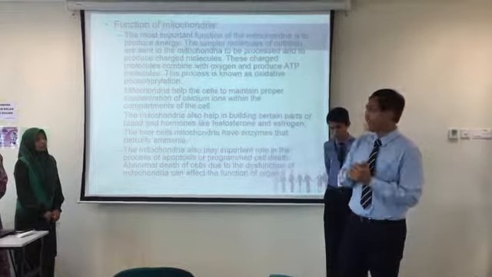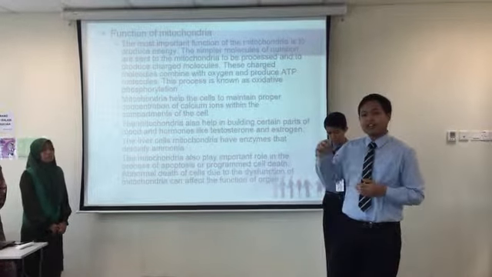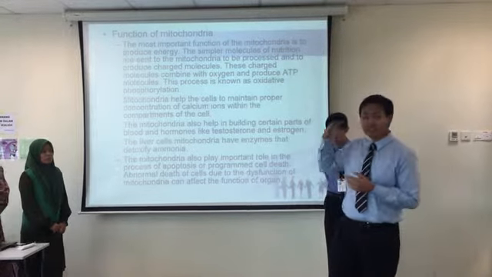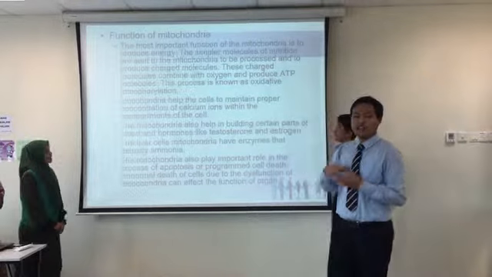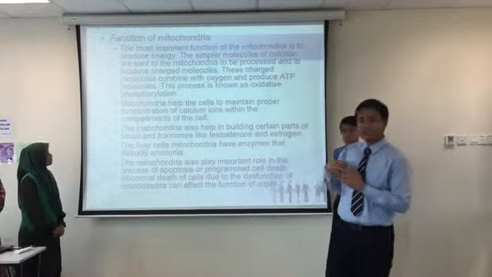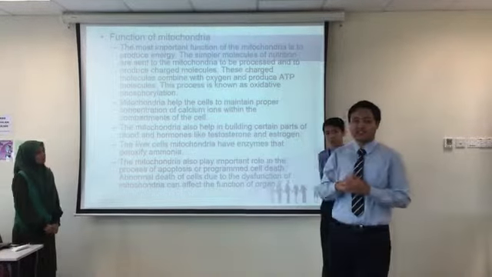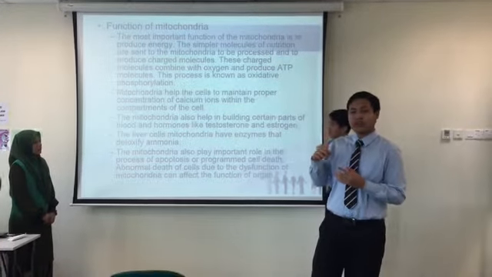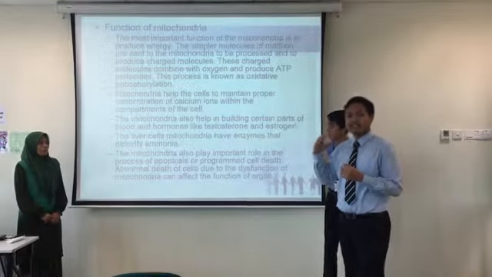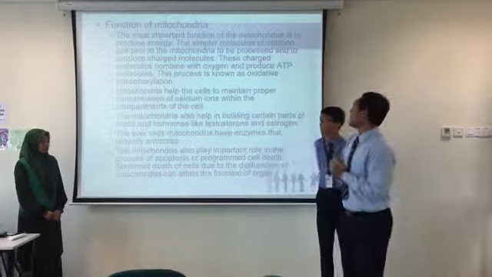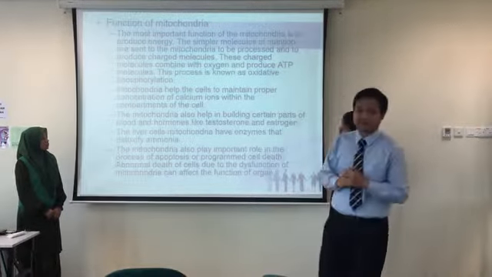In the mitochondria, the simpler molecules of nutrition are sent in to be processed into charged molecules. The charged molecules then combine with oxygen to form ATP. The ATP molecule is then the energy for the cell. The process is known as oxidative phosphorylation.